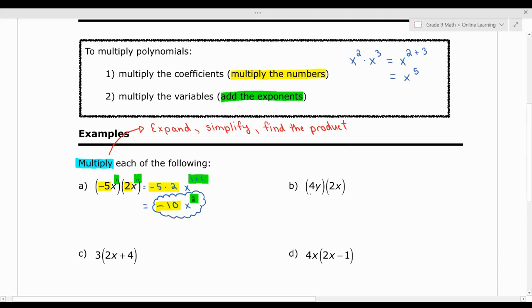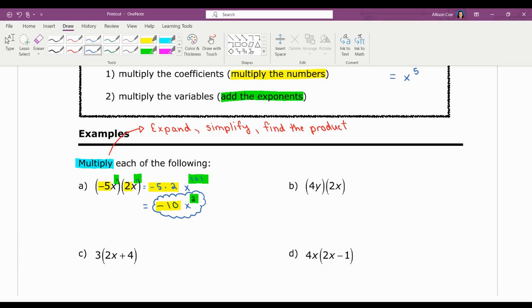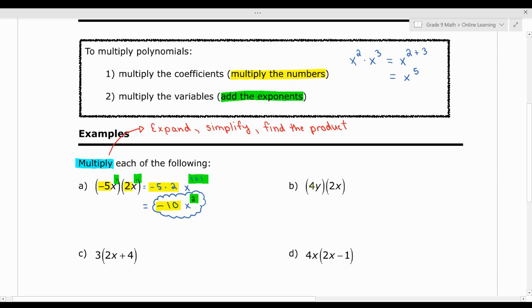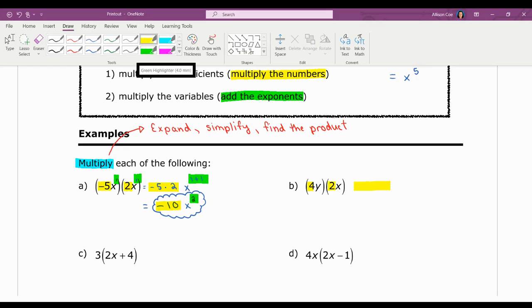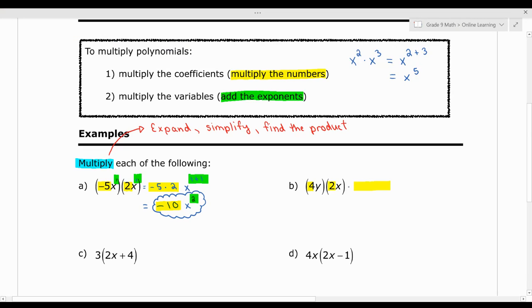Question B, we have another monomial times a monomial. So follow the same process. We're going to go number times number, show that. And then I'm going to try and multiply the variables. So I will have 4 times 2, and then I'm trying to go y times x. But this time the y and the x don't match, so actually I can't do anything to the exponents.